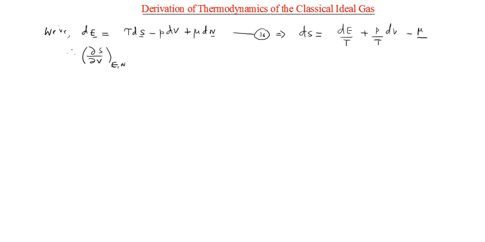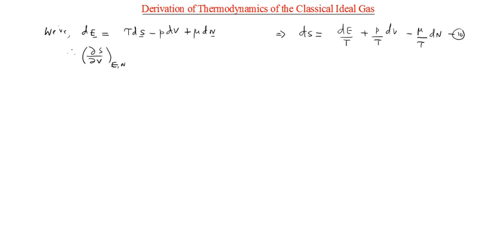I'm taking all other terms to the other side, so it is mu by T dN. So better, let me call this equation number 10. That's always good. I started from there and then just changed it.